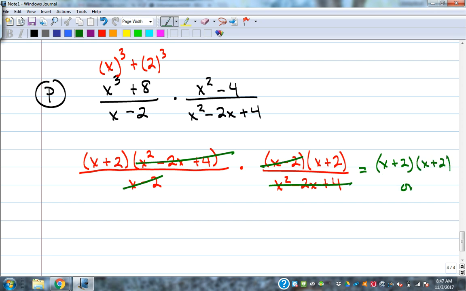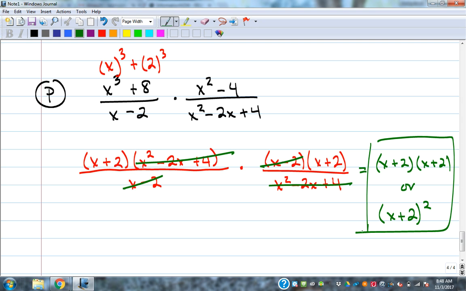That's acceptable. How else could you write that? X plus 2 quantity squared. That would be the other way that it would be acceptable to write that.